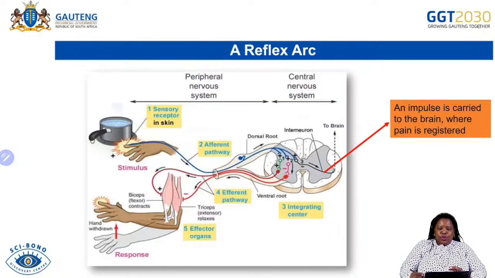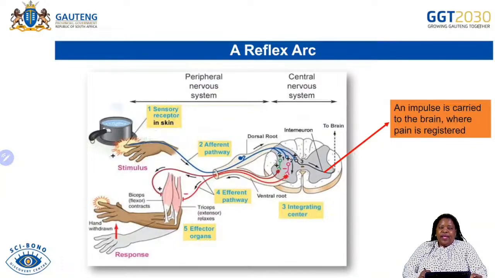Now, I'm going to give you the illustration of a reflex act, the pathway taken when we need to have that reflex action. This is an example of a pathway of a reflex act. So, if you put your hand on a hot substance, remember, sensory receptors in the skin are going to sense the change in the environment, the stimulus.